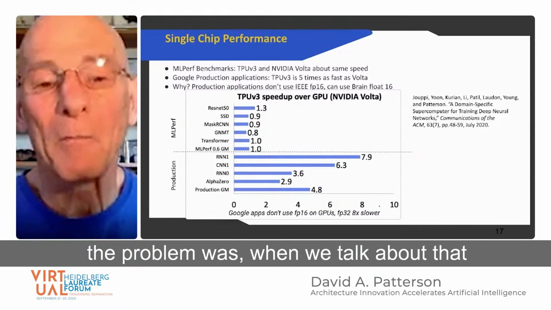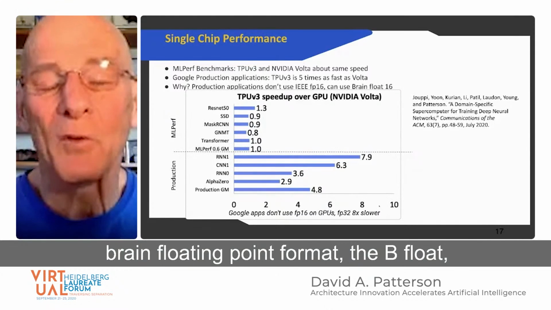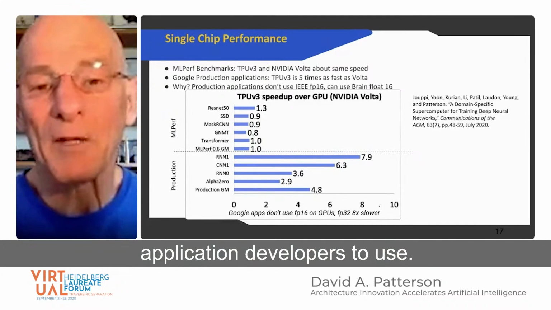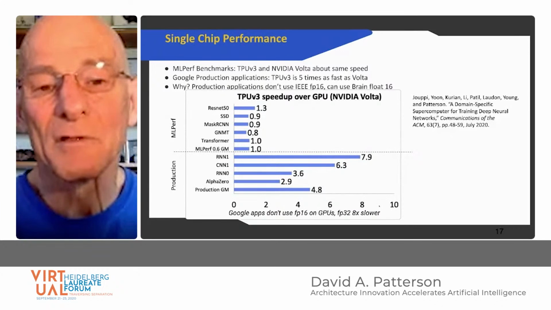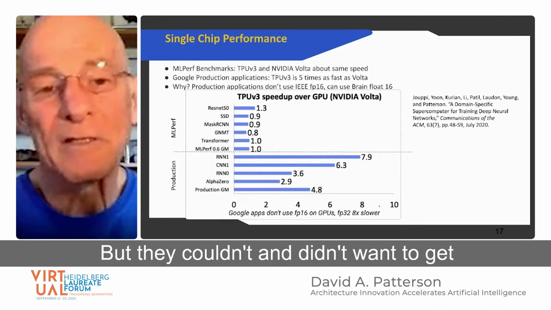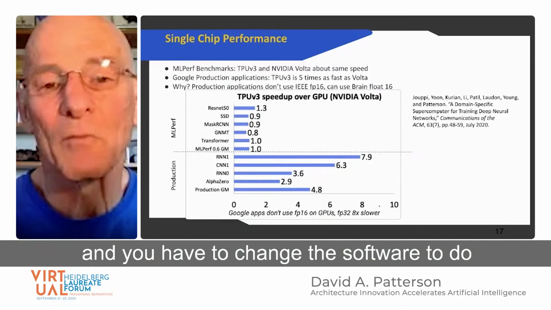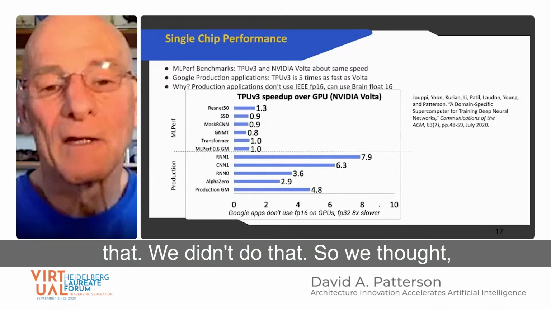Well, the problem was, when we talked about that brain floating point format, the bfloat16, which is in TPUs, it was easy for Google application developers to use, but they couldn't and didn't want to get IEEE FP16 to work, because that takes extra work to get the same results, and you have to change the software to do that. So we didn't do that.